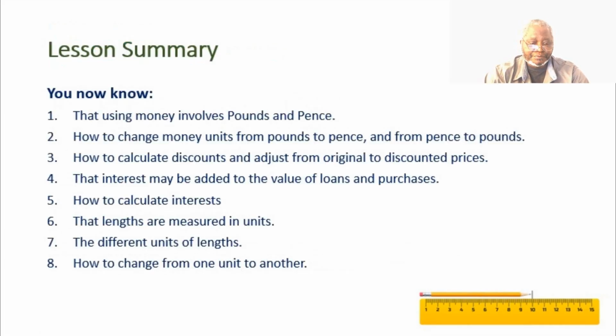What have we learnt? You now know that using money involves pounds and pence. You know how to change money units from pounds to pence and from pence to pounds. You know how to calculate discounts and adjust from original to discounted price. You know that interest may be added to the value of loans and purchases over the long term.